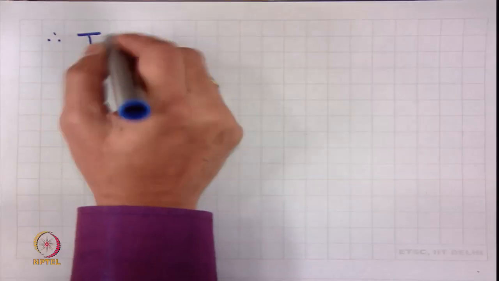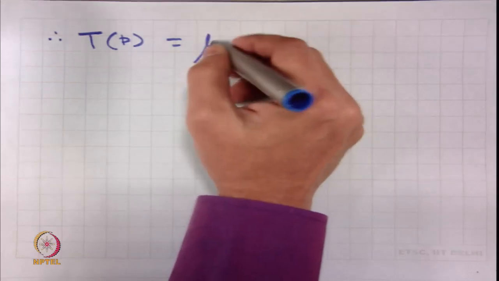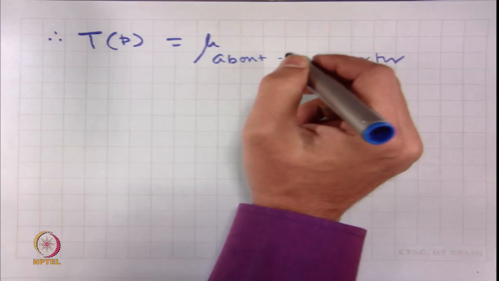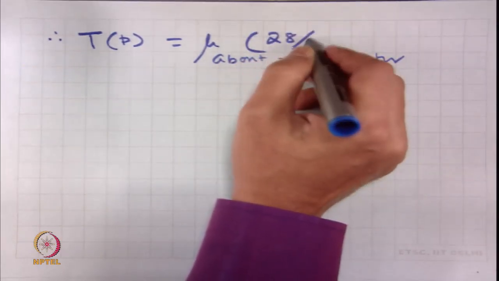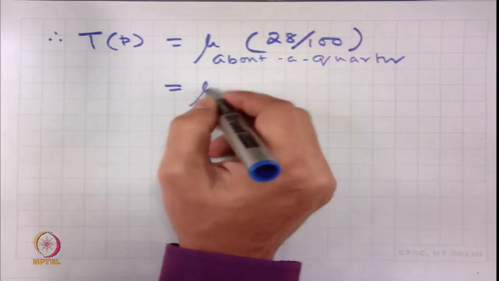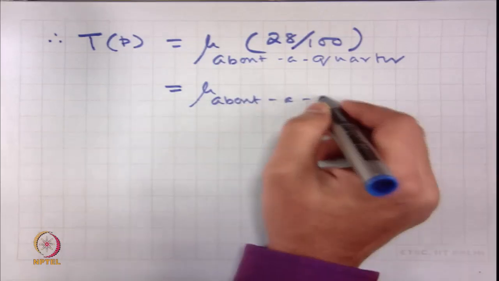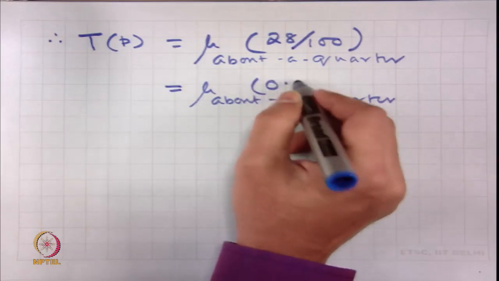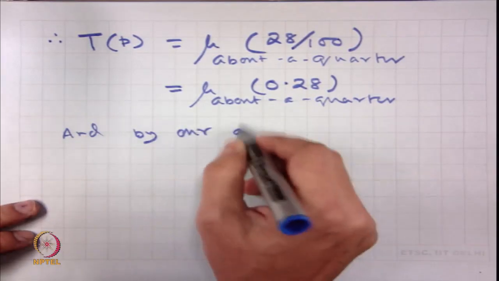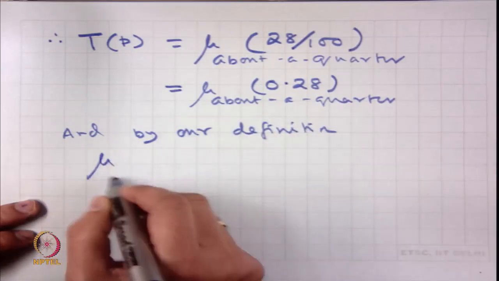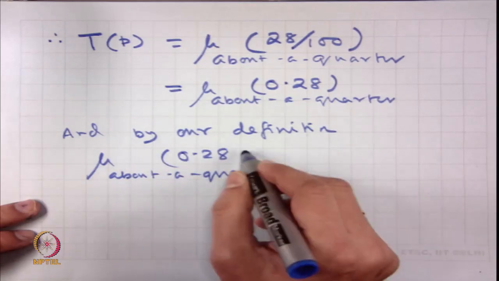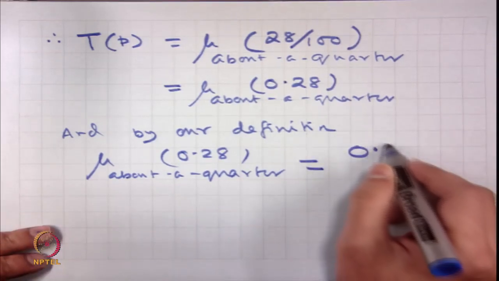Therefore, truth value of P is equal to mu about a quarter of 28 by 100, because that is the proportion of students who are studying B.Tech, is equal to mu about a quarter of 0.28, and by the definition that we have given, mu about a quarter of 0.28 is equal to 0.7.